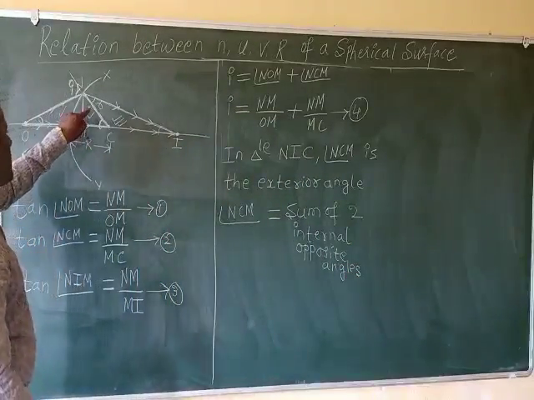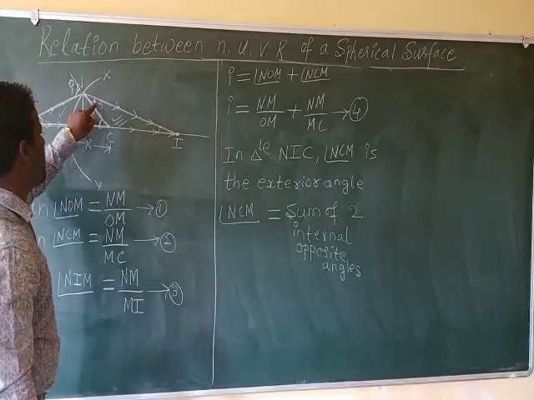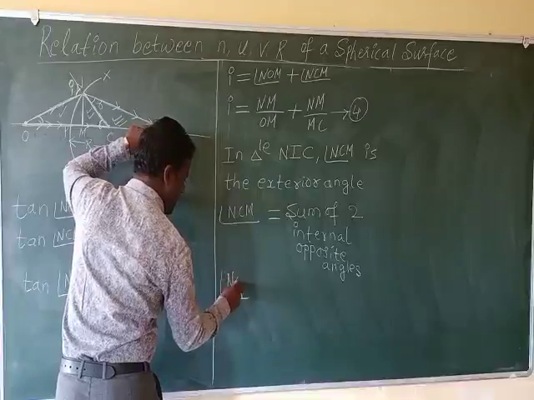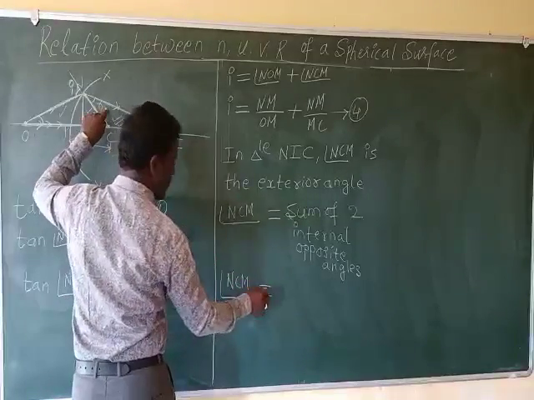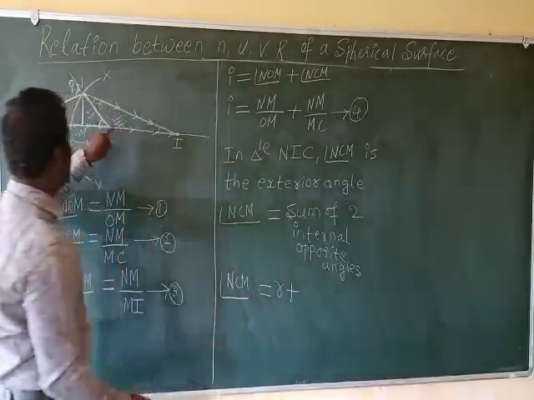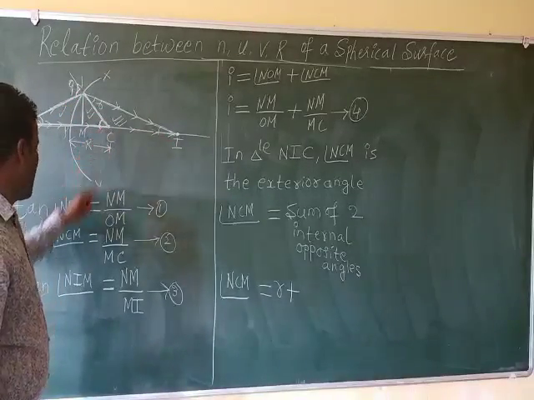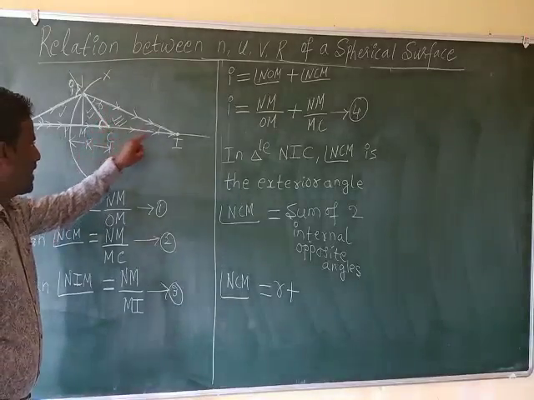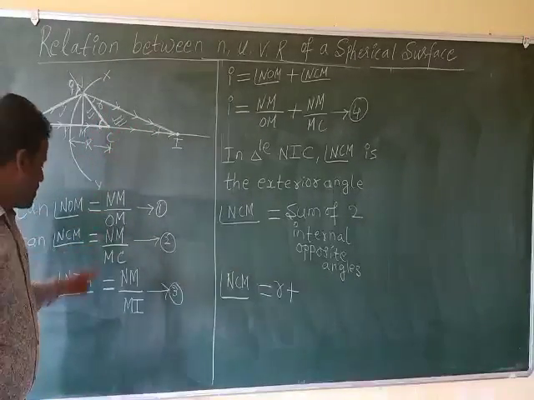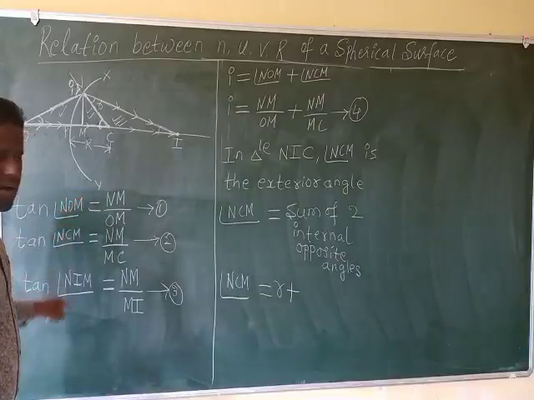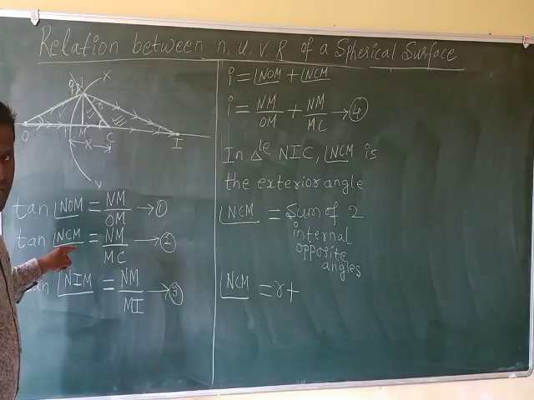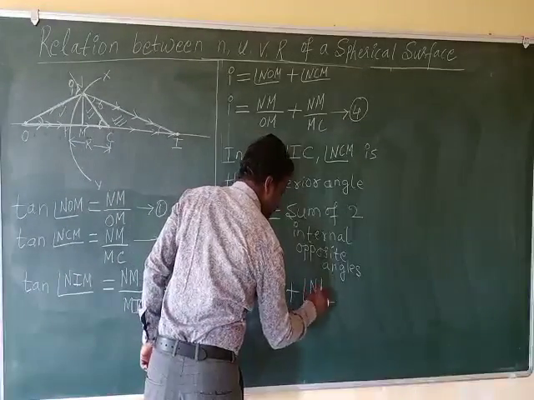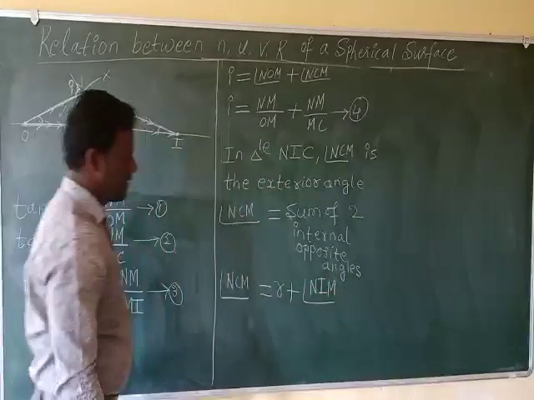Therefore angle NCM equals first angle R plus angle NIM. We have not defined NIC here; the right-angled triangle we took is NIM, so angle NIM, right.